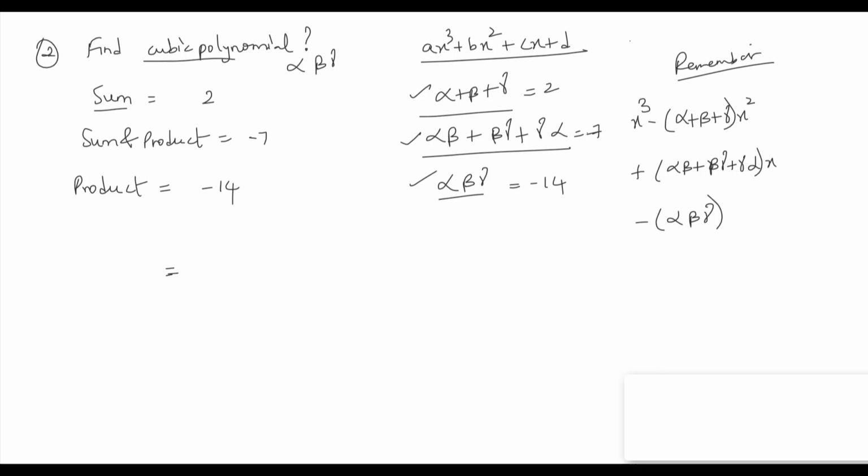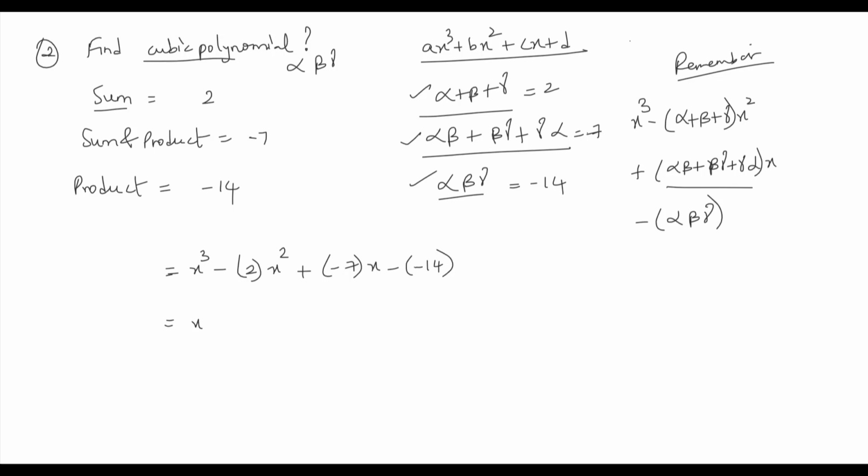So let's solve. That is x cube minus, in the place of alpha plus beta plus gamma I place 2x square. In the place of alpha beta plus beta gamma plus gamma alpha I place -7 into x, and in the place of alpha beta gamma I place -14.